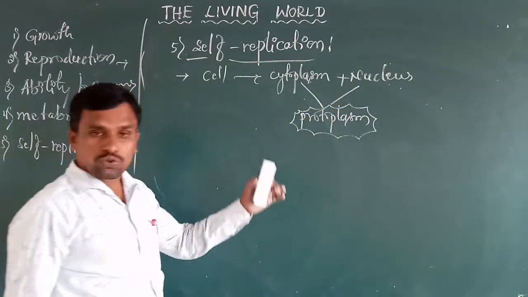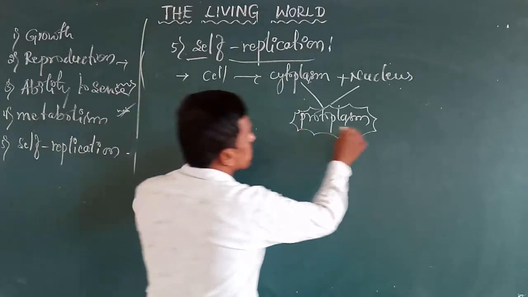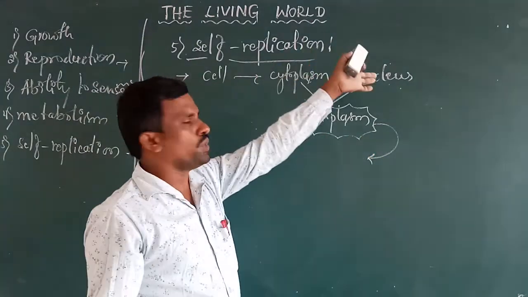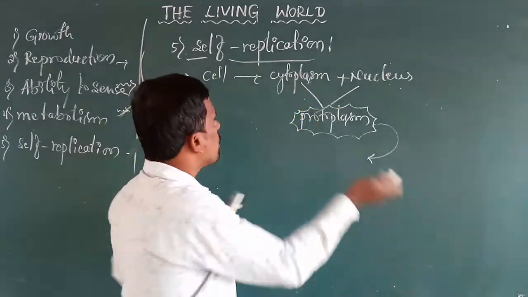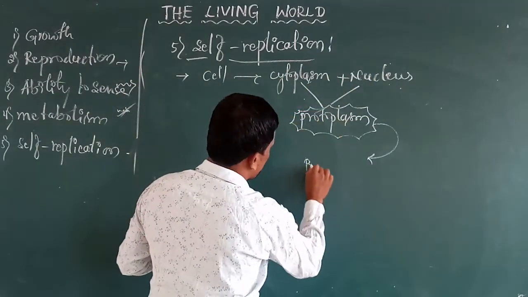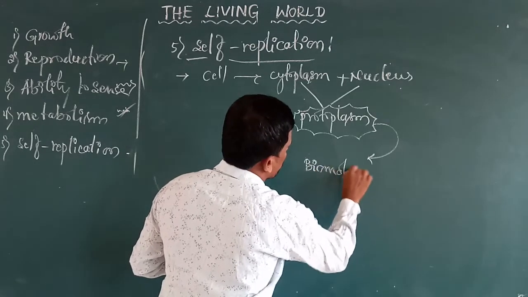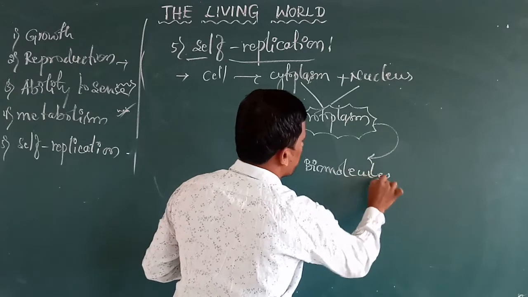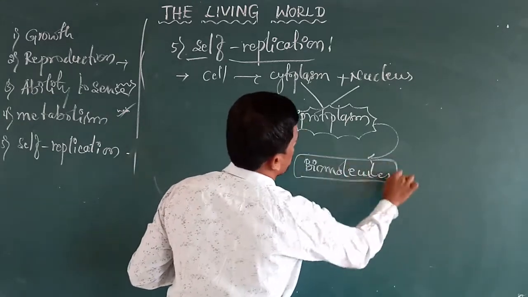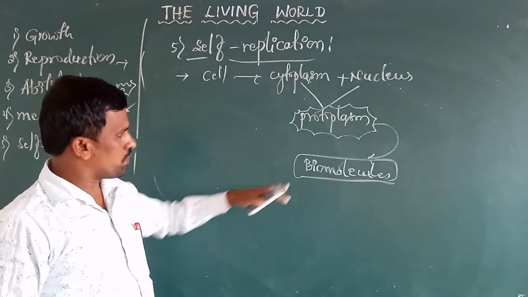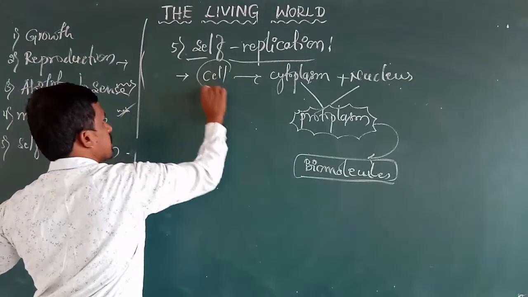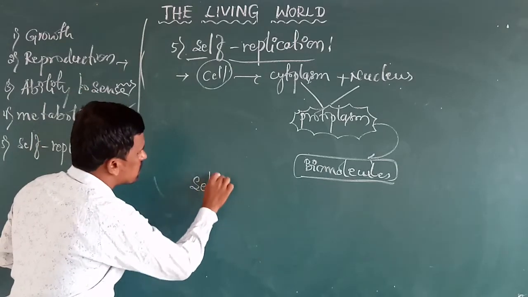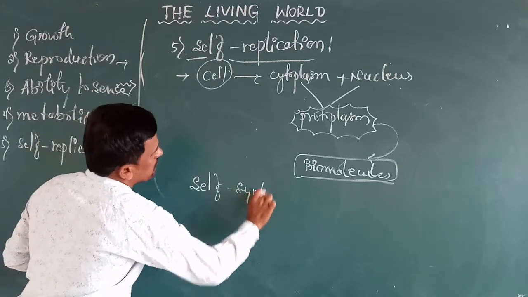This protoplasm is formed from cytoplasm, nucleus and cell organelles, which are formed from biomolecules. These biomolecules present in the living cell are involved in self-synthesis.